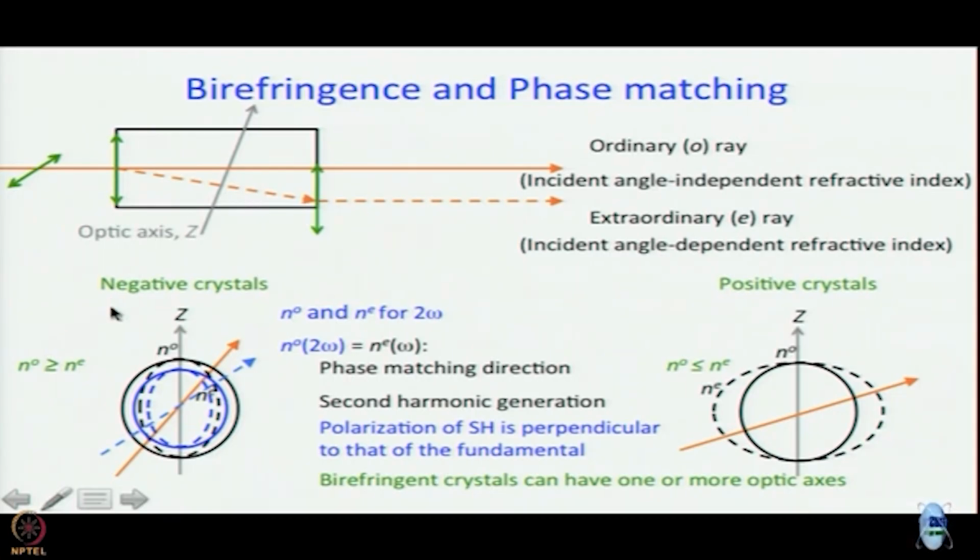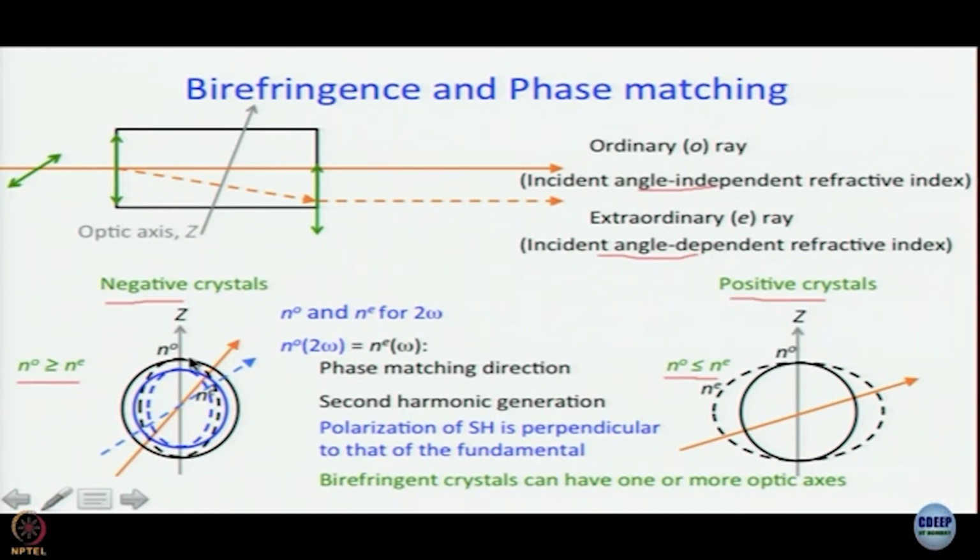So, we said that there are two kinds of crystals: negative crystals, for which n_o, the refractive index for the ordinary ray, is greater than or equal to that of the extraordinary ray, and positive crystals, in which the refractive index of the ordinary ray is less than or equal to that of the extraordinary ray. And the other thing that one needs to keep in mind is that for the ordinary ray, the refractive index is not dependent on the incident angle, whereas for the extraordinary ray, the refractive index is dependent on the incident angle.